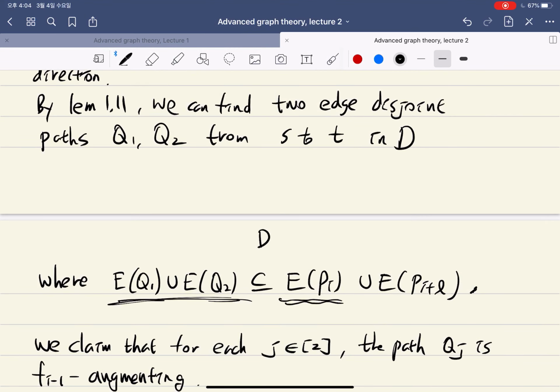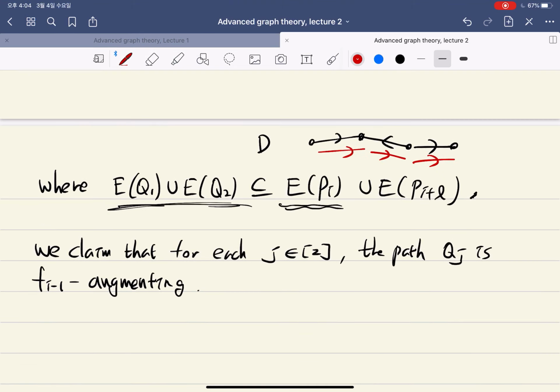So again in D, this might be oriented this way, but P or Q could be this path. I mean, an augmenting path is directed in this way.